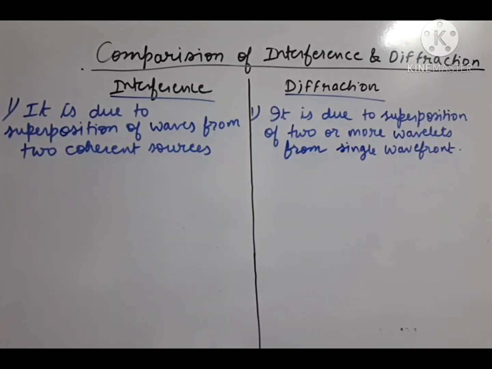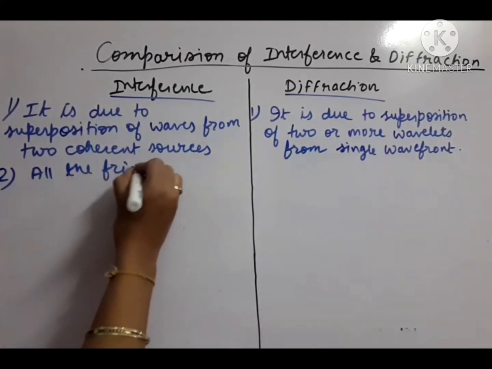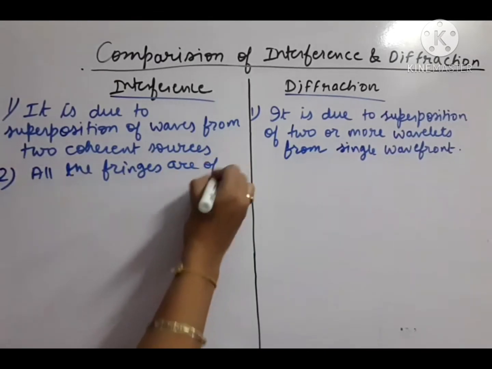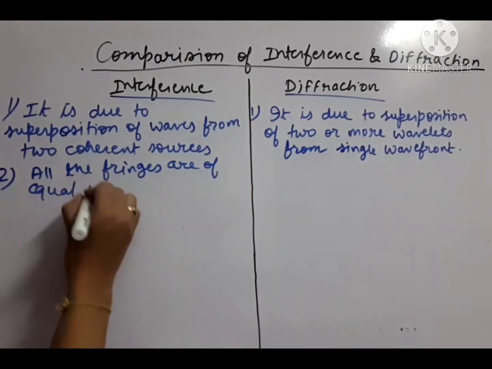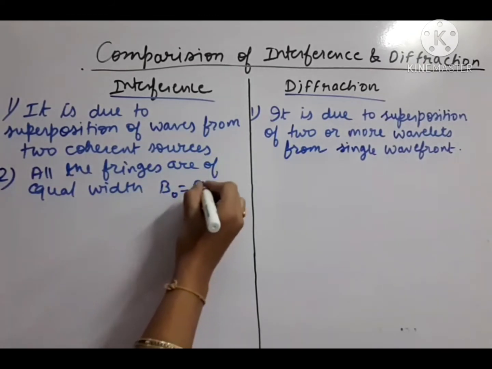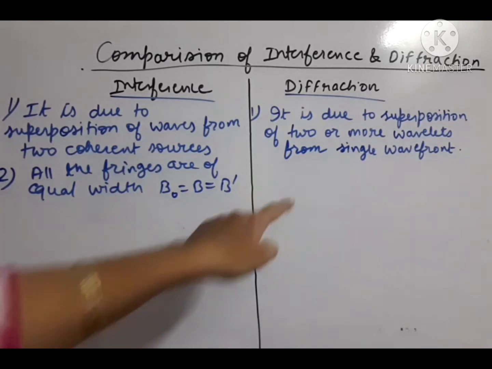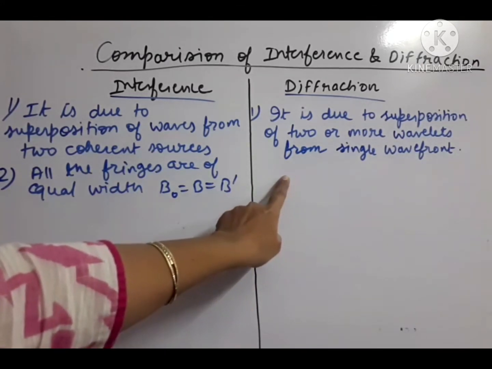Second difference we can discuss is the pattern. As we have discussed, in interference all the fringes are of equal width, because we have seen beta 0, beta dash all are equal. But in diffraction it is not so. Here the central maxima is of double width.